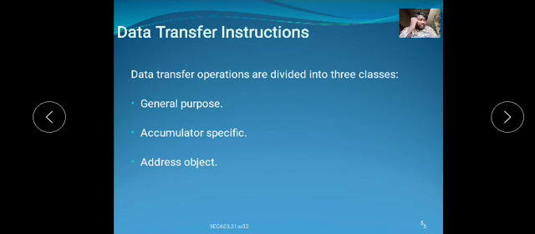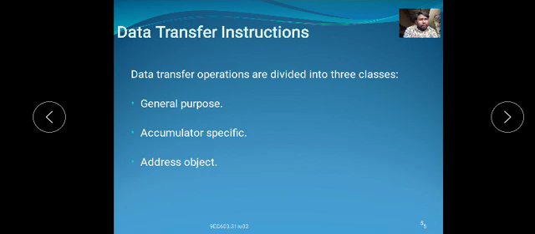In this operation, the source contents remain unchanged and the destination contains the content of the source.